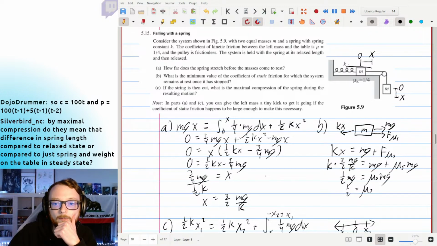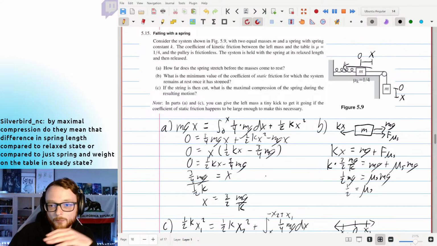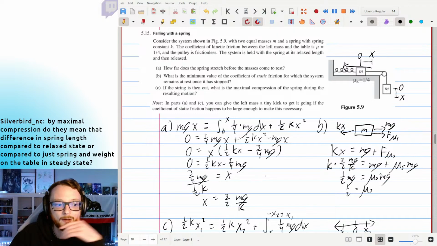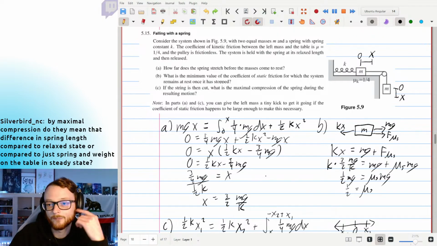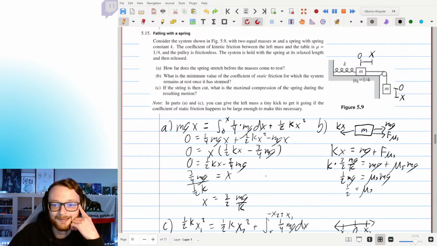So what's the farthest to the left it'll get? Since there's friction, it'll get the furthest left on the first bounce back. And that's what I'm attempting to calculate, that I may or may not have done right.